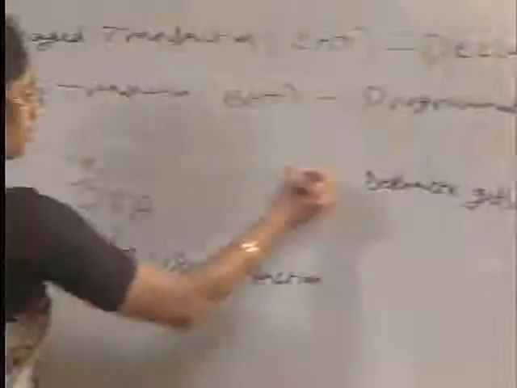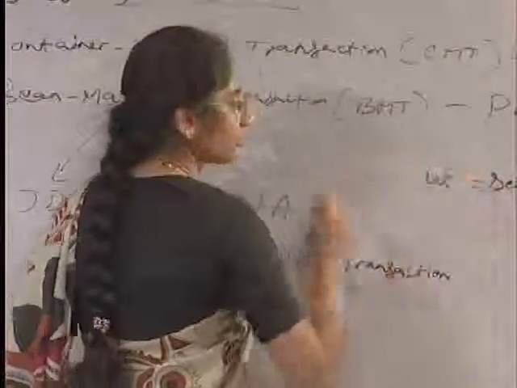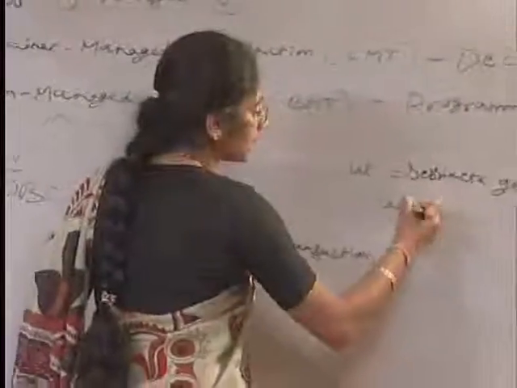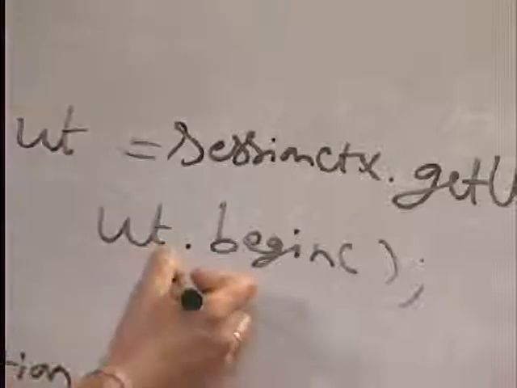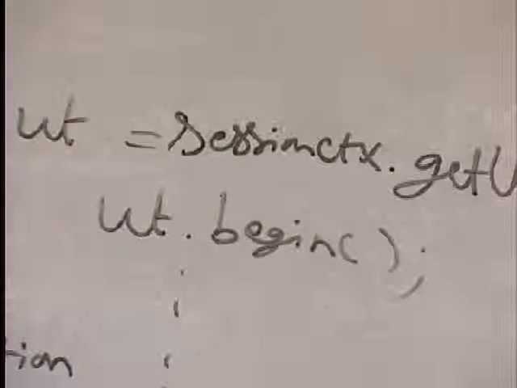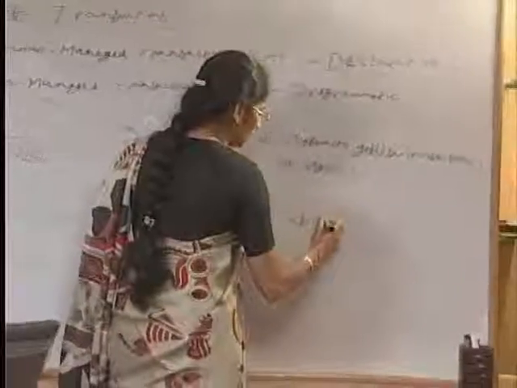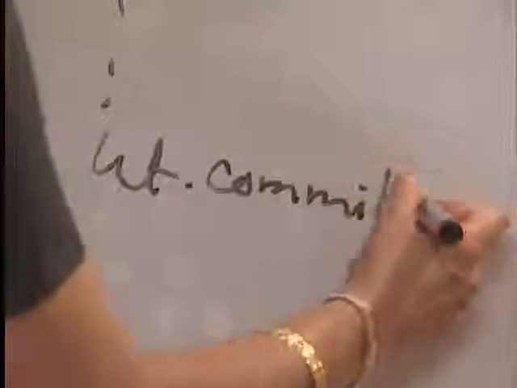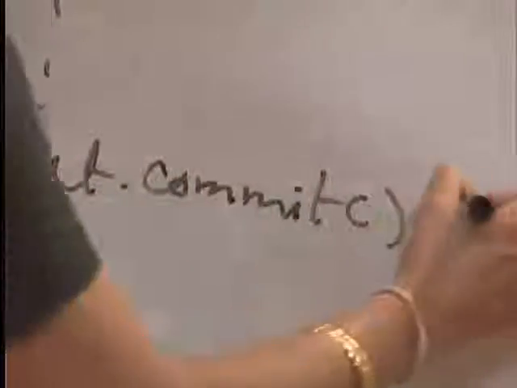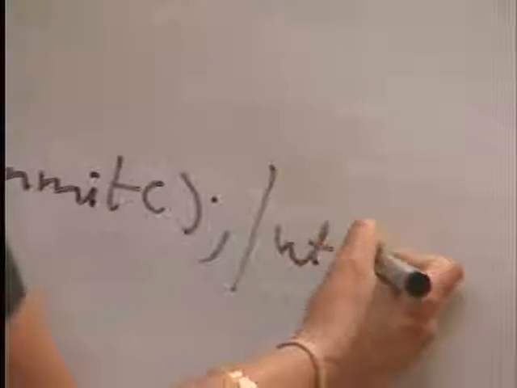This will return the UserTransaction object. Now using the UserTransaction object, you invoke the method begin to start a transaction, followed by you issue whatever commands you require to get into that particular transaction, and to end it you call either commit or rollback using the UserTransaction object.